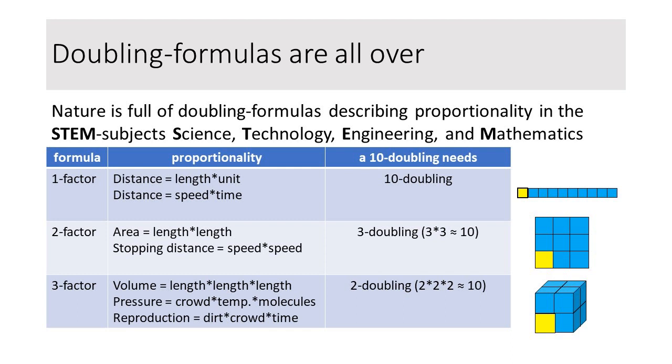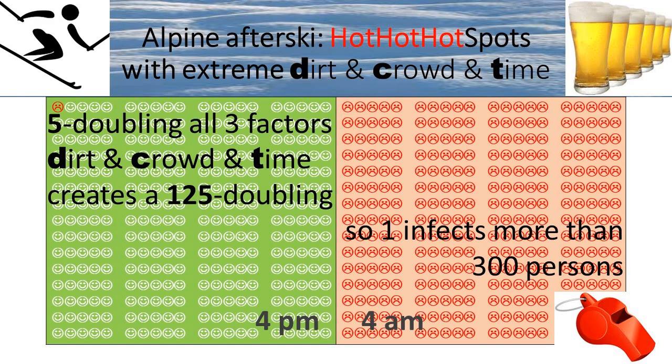The pressure formula is used to generate steam pressure difference in power plants. The reproduction formula is used to generate virus greenhouses. The three-factor infection formula shows that afterskiing will create hotspots, where extreme doublings of all three infection factors, dirt, crowd, and time, will create effective virus greenhouses.